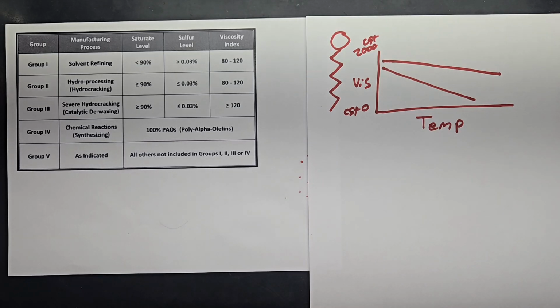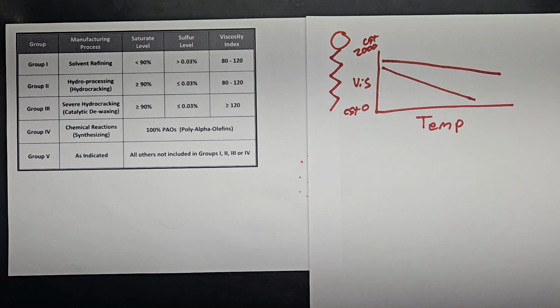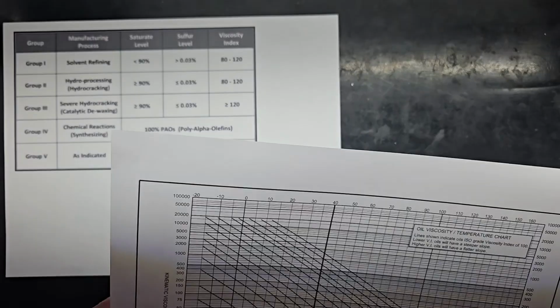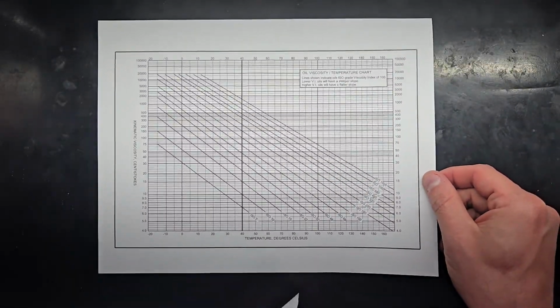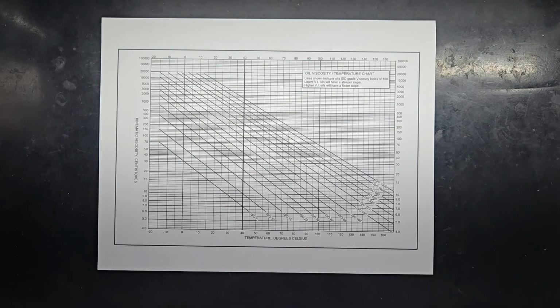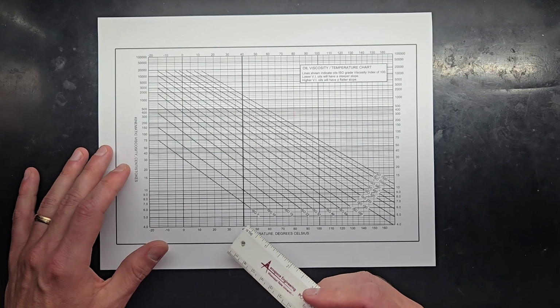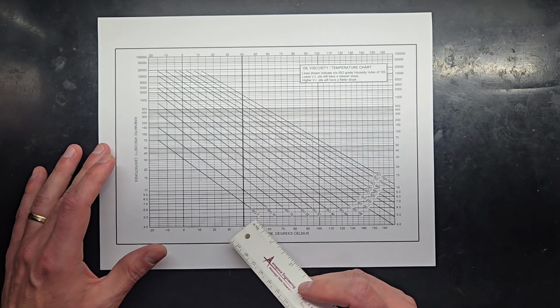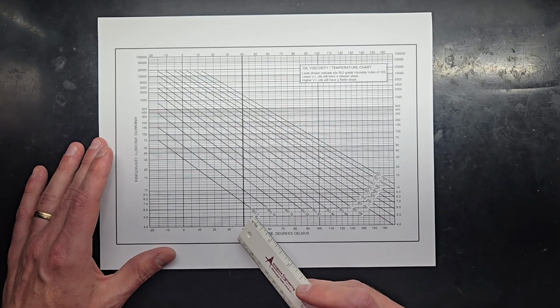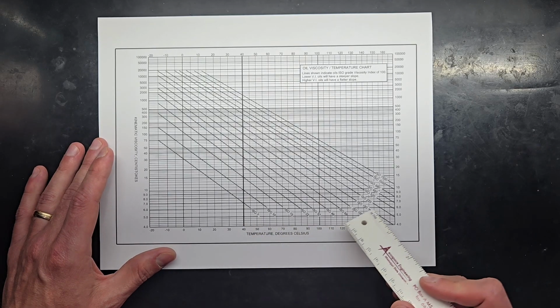And so what we can look at next is a more realistic representation of what a viscosity table, if that's going to be the right word, would look like. So earlier we mentioned ISO, our International Organization for Standardization, and they have different base oils defined by their viscosity.